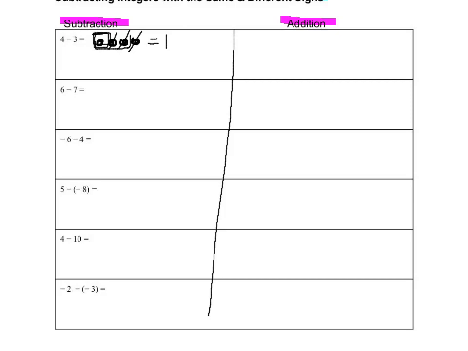But then we move into the second problem, 6 minus 7, where now we have a smaller number first. But 6 is still positive, so we're gonna start with our 6 chips on the board.